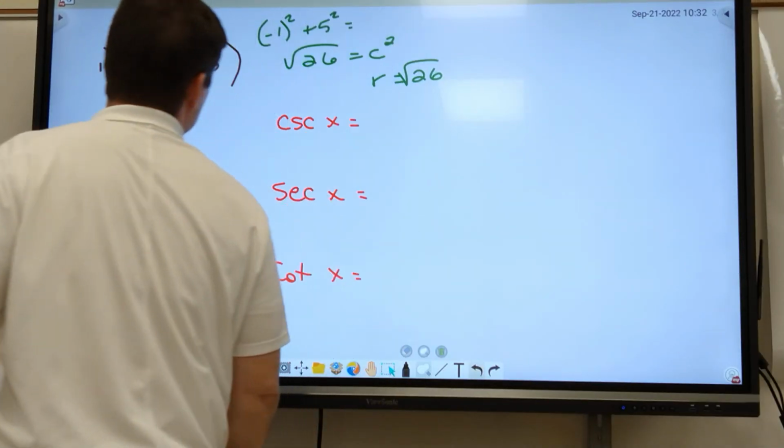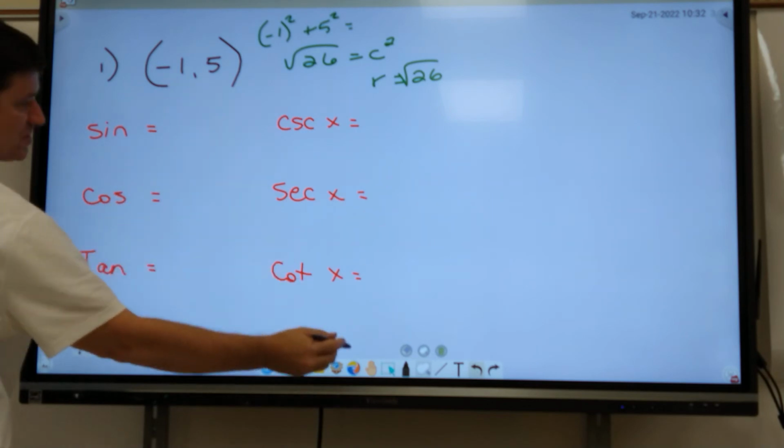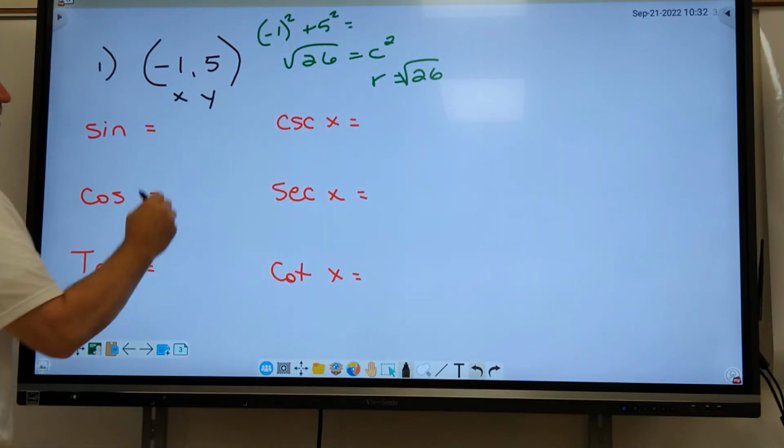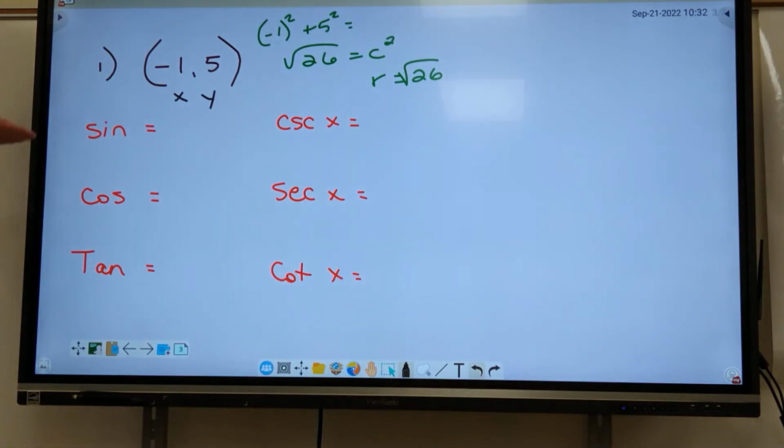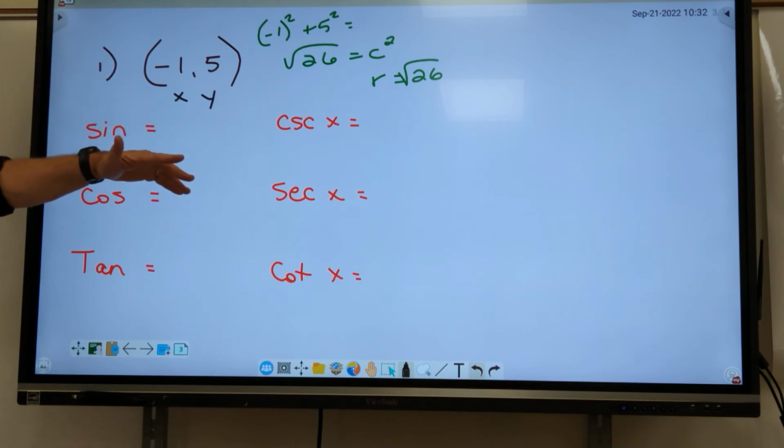All right, next step. Everybody knows that's your x and that's your y. We all know that, right? So to find these 6 answers, here's how you do it. What's the formula for sine, say, off your paper? Y over 1. Okay. When you deal with a triangle, you replace the 1's with r. Because I just showed you, the radius of the circle is really the same thing as your 1.